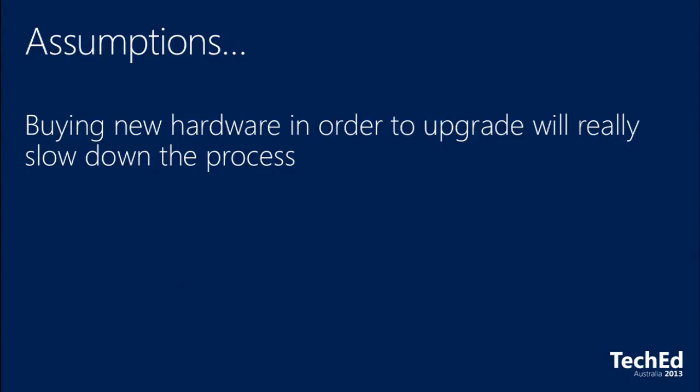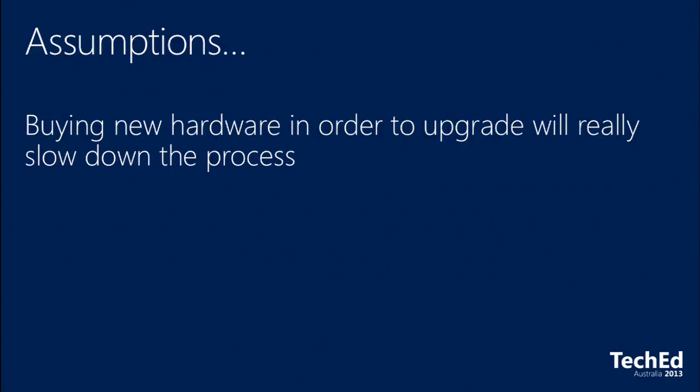So I've spent a lot of time talking to people about this and going, where does that 9 to 15 months come from? And for most people, the major chunk of that 9 to 15 months comes in the moment you have to buy new hardware in order to do the upgrade. Because if you have to buy new hardware to do the upgrade, well, then you're going to need to get a purchase order. And if you're going to need to do a purchase order, you need to have the justification.